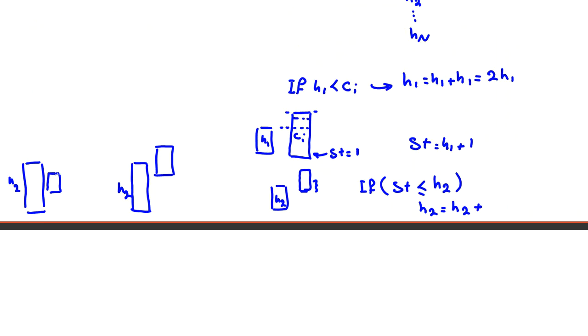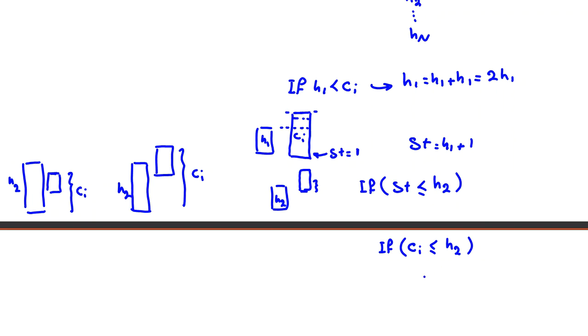If ci is less than, here is ci, this part is ci. We can say, if st is less than or equal to h2, we know that the second cow is some part. So we can say if ci is less than or equal to h2, cow number 2 is completely the rest.